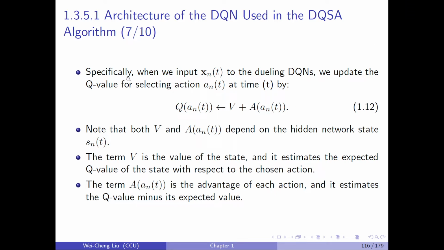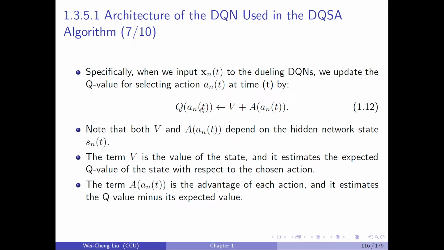Specifically, when we input Xn of t to the dueling DQN, we update the Q value for selecting action An of t at time t by Q of An of t.